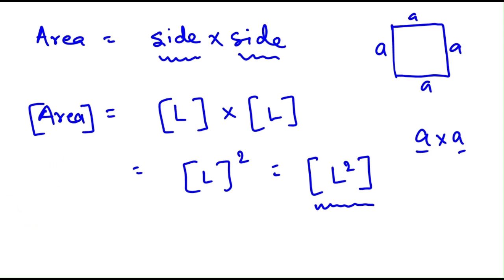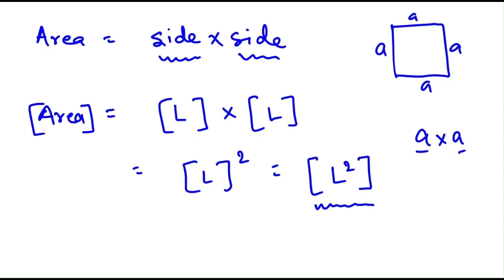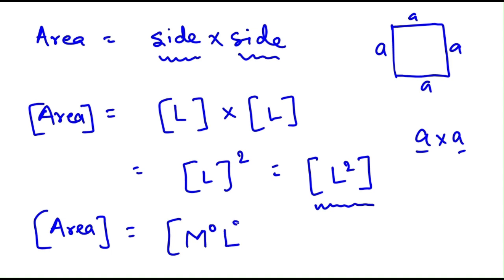Now we have one more thing here. We are going to use these three basic quantities. If we want to represent area completely here, we can write area has no dimension in mass, so M0, it has L2 and it has T0.